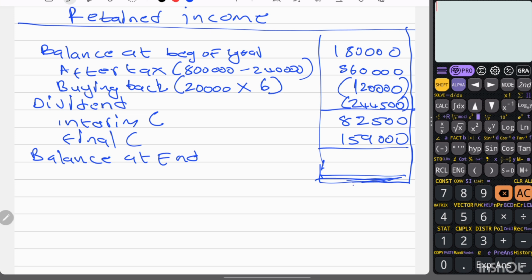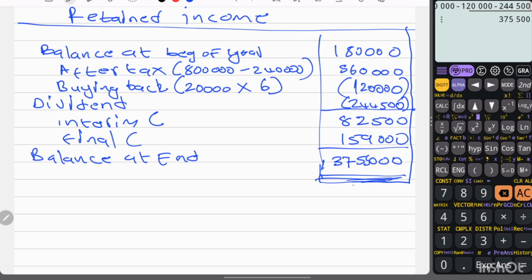Now let's prove it. Now it's gonna be 180,000 plus 560,000 minus 120,000 minus 244,500. Hello, our return income is 375,500.